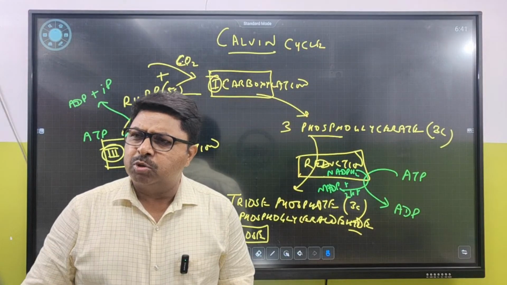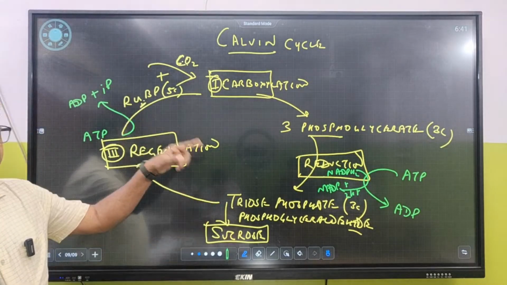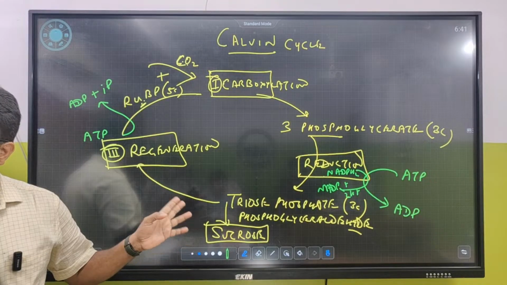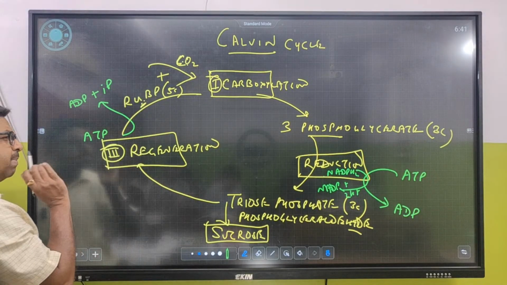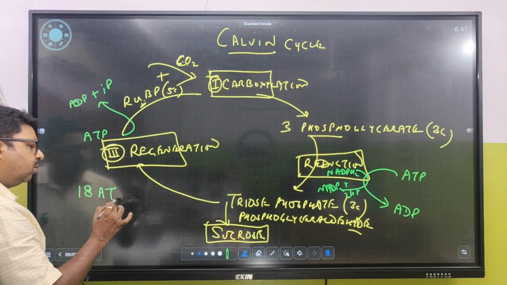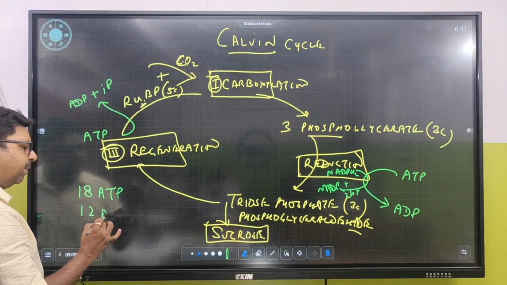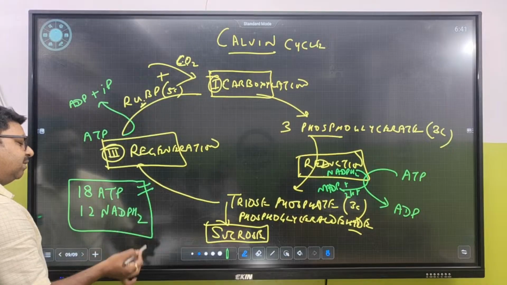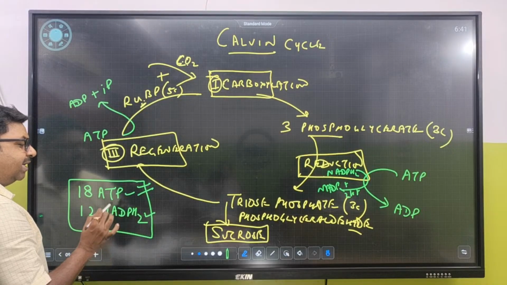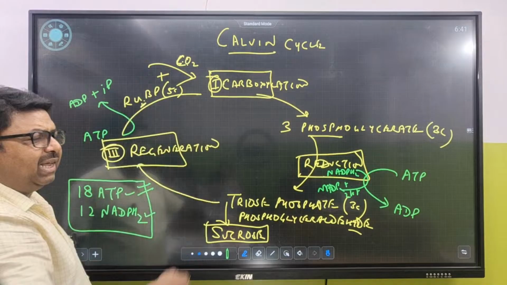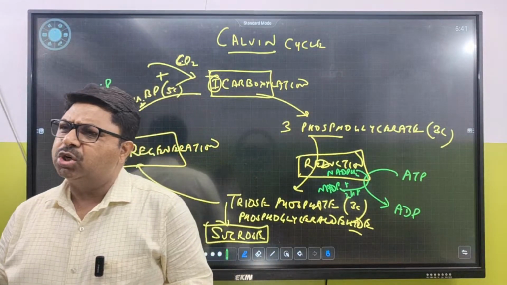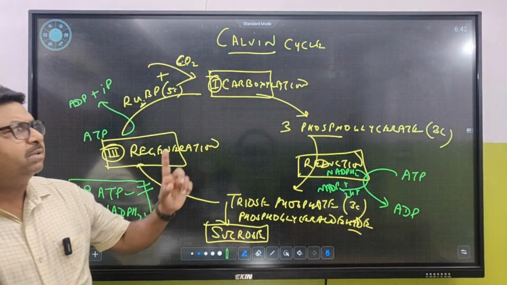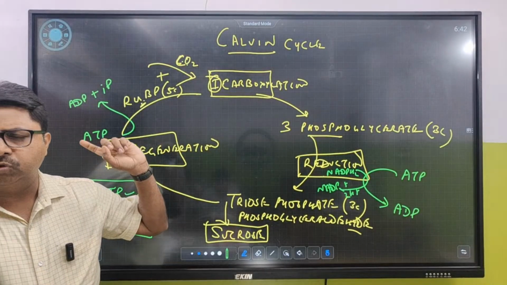Tell me, how many steps are being shown in our NCERT book? 3 steps are being given. Done? We know that 18 ATP and 12 NADPH2 are the final products being utilized in this reaction. How many carbon dioxide are shown here, 6 or 1? 1.